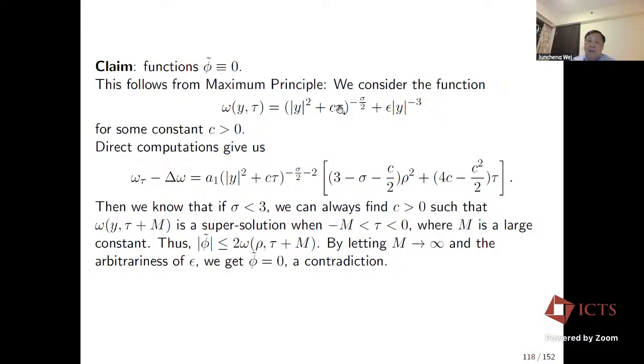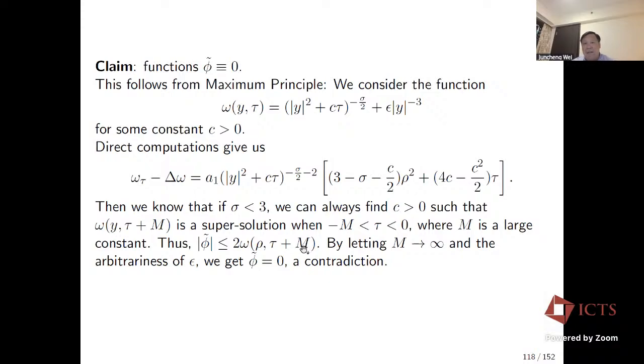And since my tau is going from minus infinity to 0, I go from minus m to 0, and take m large enough, then this one will be very large, and I will get phi tilde is less than or equal to this from rho and tau plus m.